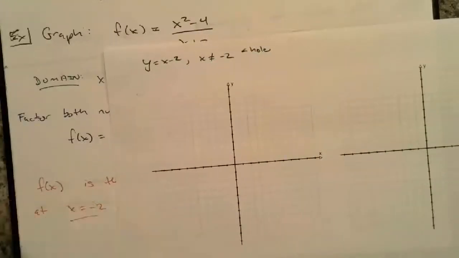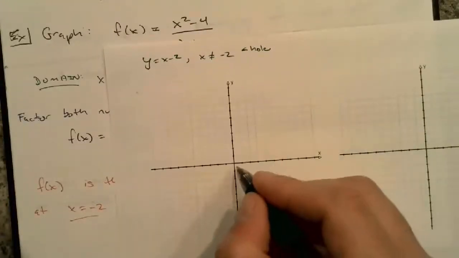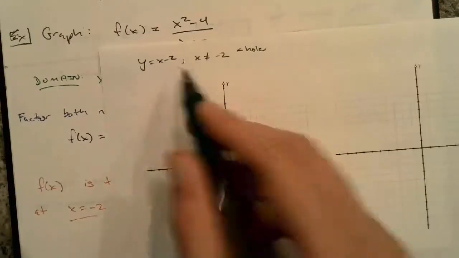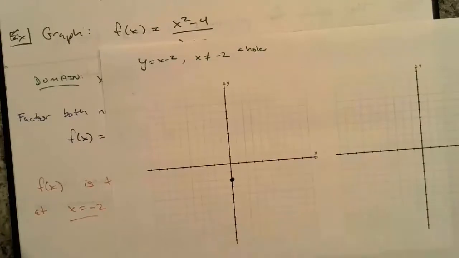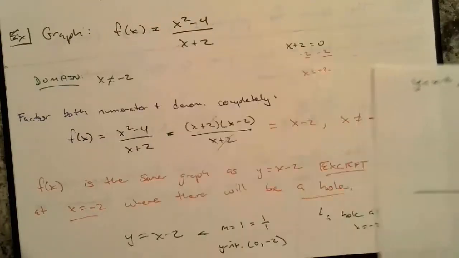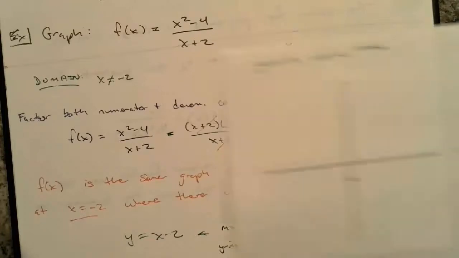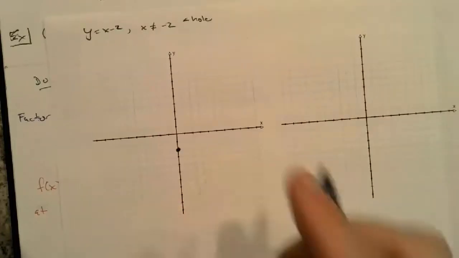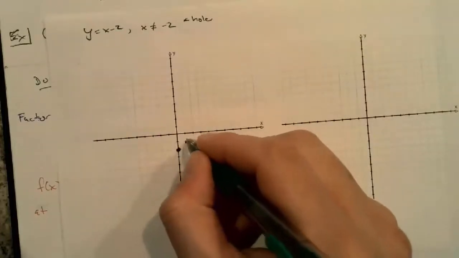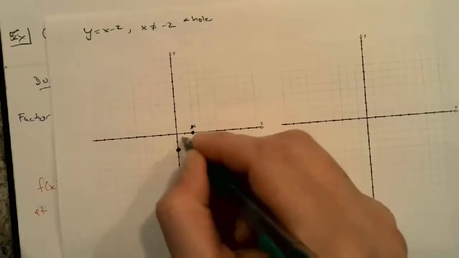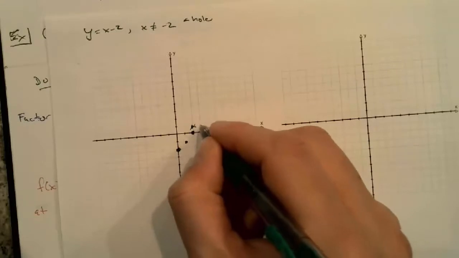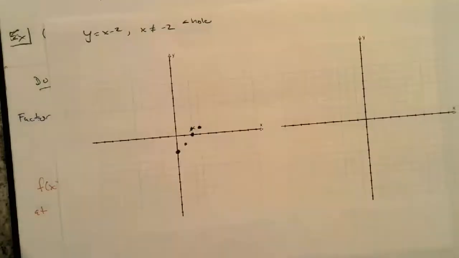And we know there's a hole there, just in summary. So first you plot your y-intercept, which would be at 0, negative 2, coming from our formula. And that's okay. The hole only occurs at x equals negative 2. The slope being 1 tells us we're going to move up 1 and over 1 to the right. So from here, I'm going to move up 1, over 1 to the right, up 1, over 1 to the right, and you could keep doing that.